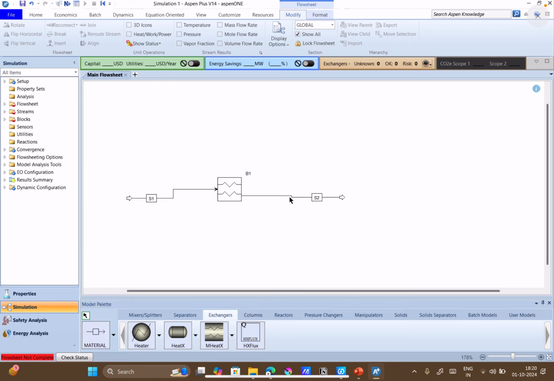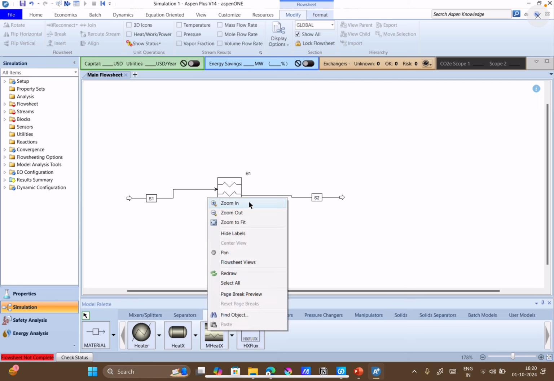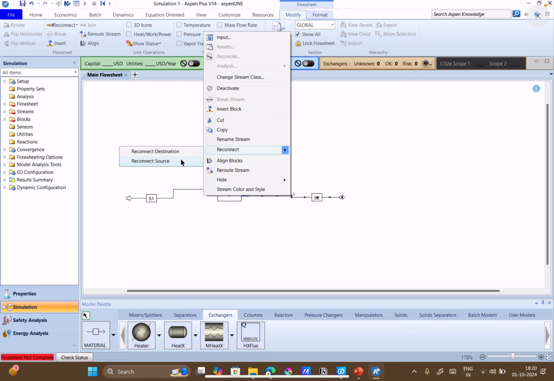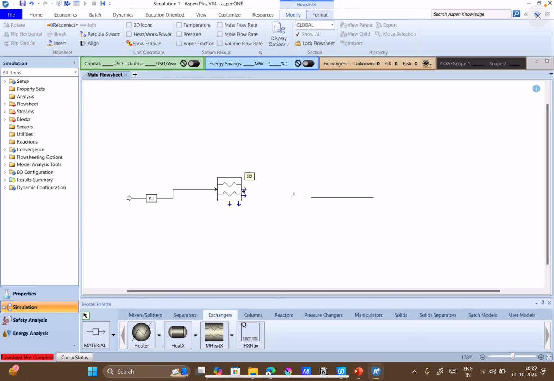It should be here. So this is our natural gas NG in, which is liquefied. So let's keep this convention.